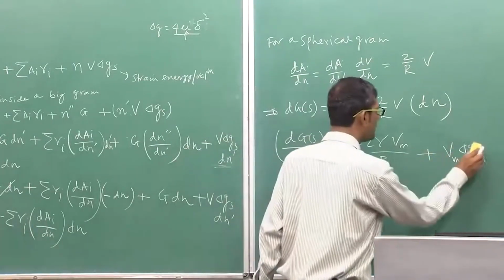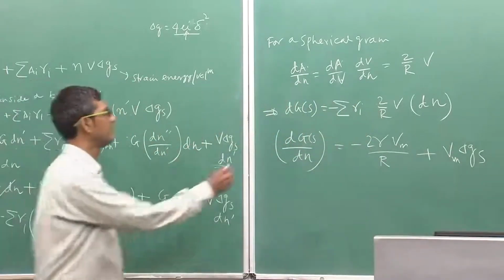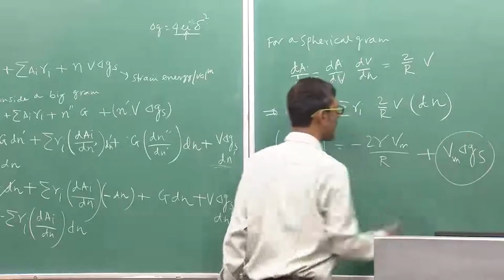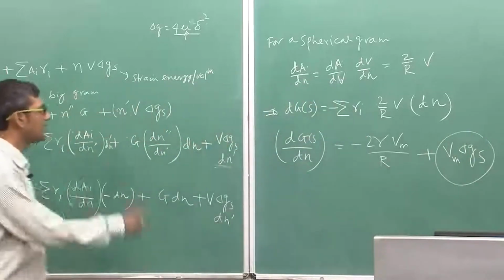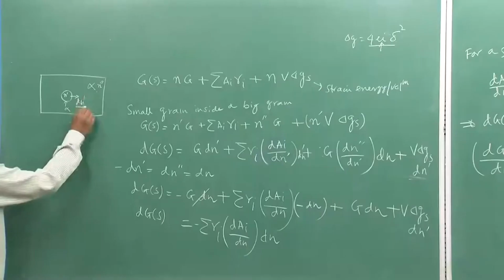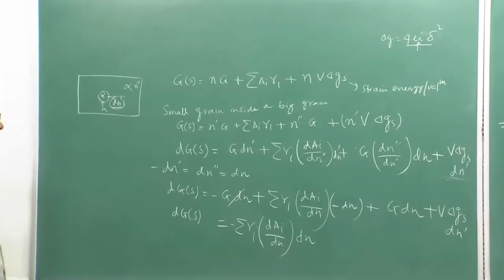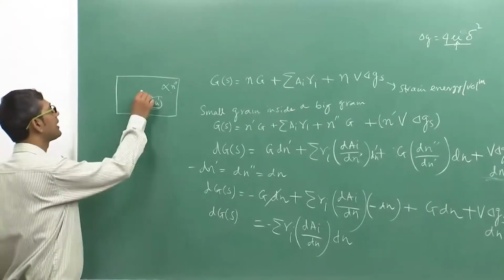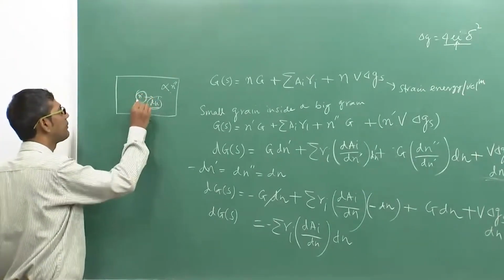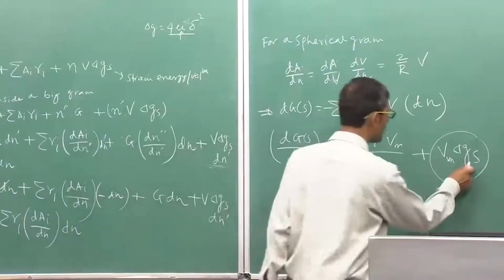Depending on the value of the strain energy in this term, the delta Gs might go negative or might go positive. If it goes positive, this transport of atoms from small grain to big grain is not allowed anymore. So, therefore, the interface has a strong role to play depending on the type of interface, whether it is coherent or semi-coherent. If it is a coherent interface, the delta Gs is very small.